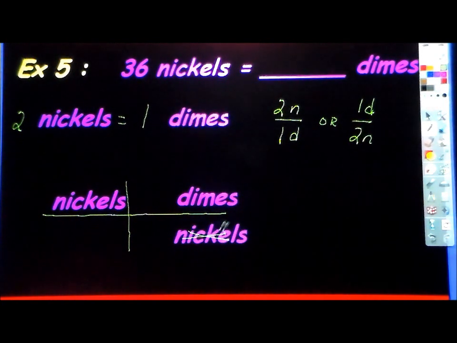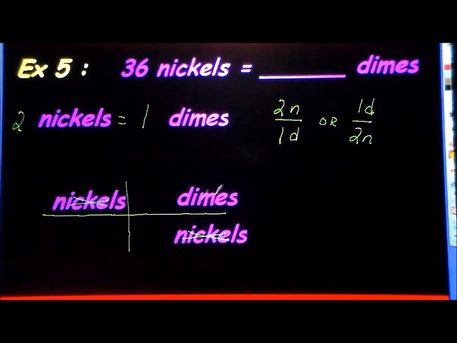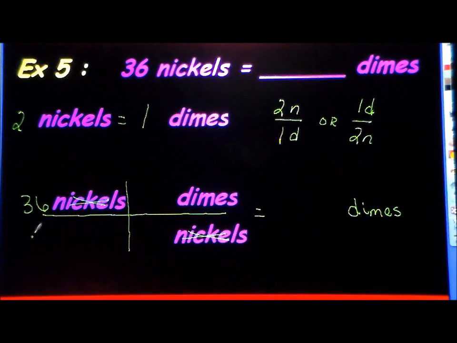And because nickels is canceling out, I'm left with dimes for my answer, so I know once I put the numbers in and I do the calculation, I'm going to know how many dimes I could have out of the 36 nickels. So let's fill in our numbers. 36 nickels, because that's what we started with, and we know that 2 nickels is equivalent to 1 dime.